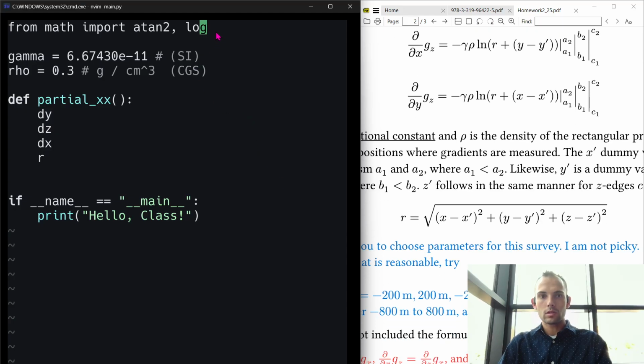Oh, I guess we need the square root too. And that's the dx.